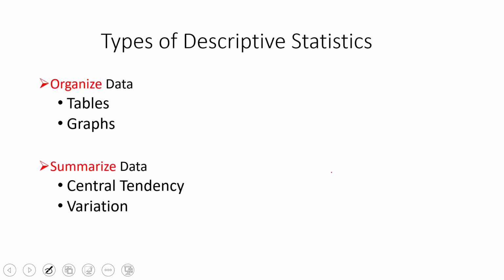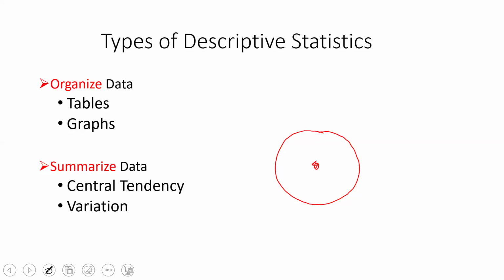So like I said at the beginning of the class, descriptive statistics is basically to either organize your data or to summarize your data. And for organizing, I said you can use tables or graphs. For summarizing, I remember I said you can use measures of central tendency and measures of variation. So look at a circle.